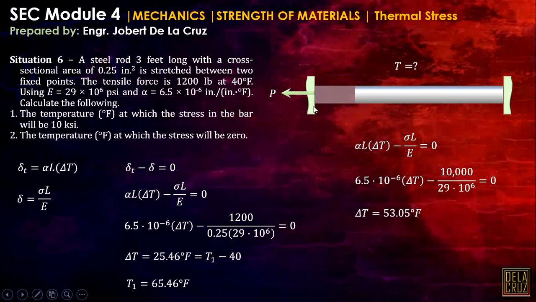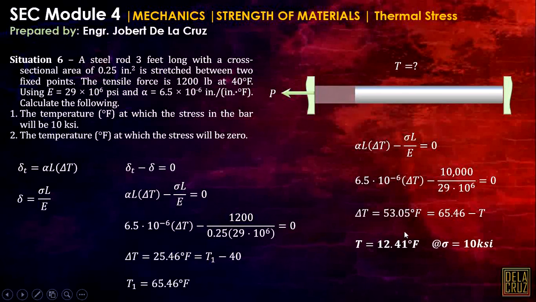And again, if this is a tensile force or nag-shrink siya, dapat yung change in temperature is going down. Okay? So, the stress at this point should be lesser than the original stress natin. That will be 65.46 minus the change in temperature, and that is 12.41 degrees Fahrenheit.